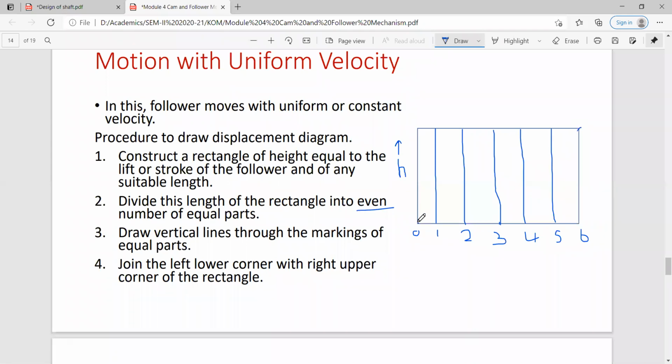So you join them with a direct straight line. It will be a straight line. You will directly join the two diagonally opposite corners. So in this diagram you have drawn here, your angle is theta.